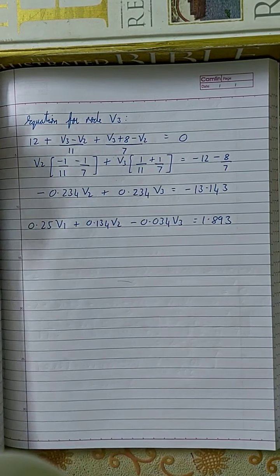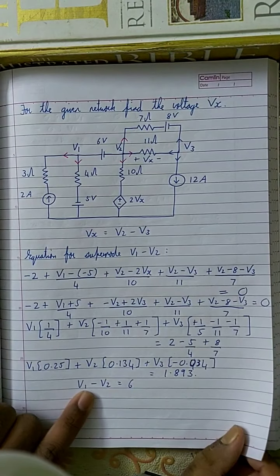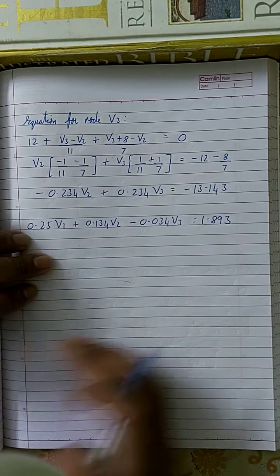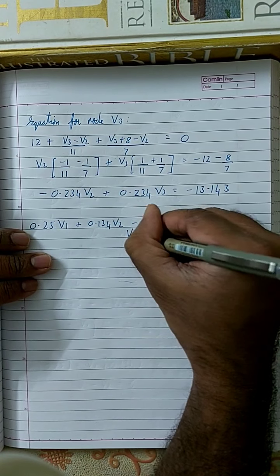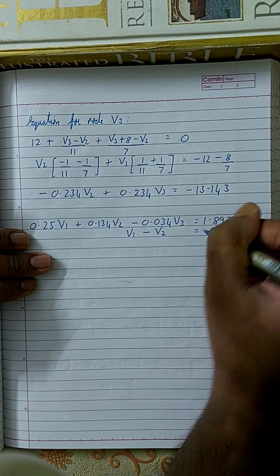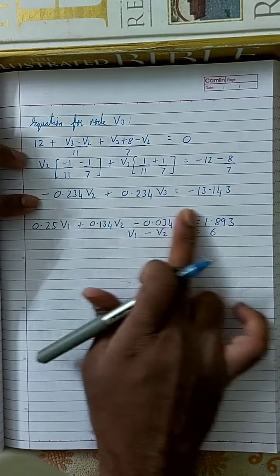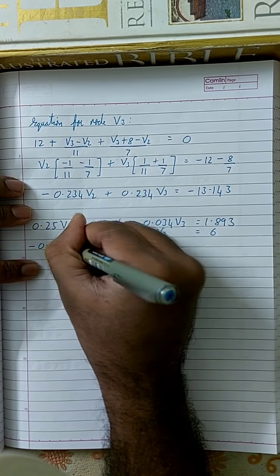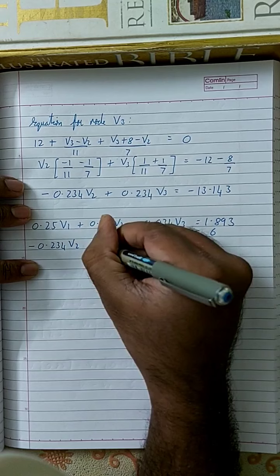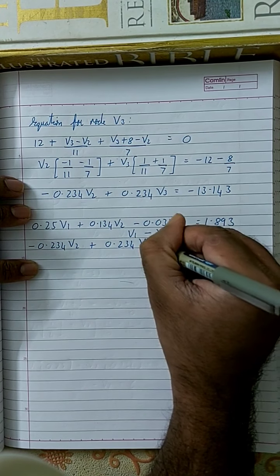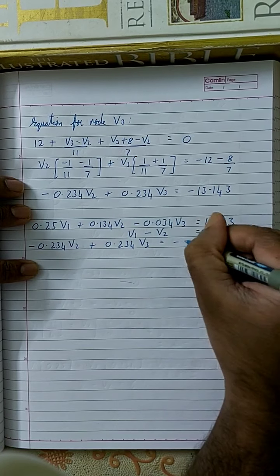And the other equation is V1 minus V2 is equal to 6. That's the other equation. And the third equation is minus 0.234 V2 plus 0.234 V3 is equal to minus 13.143.